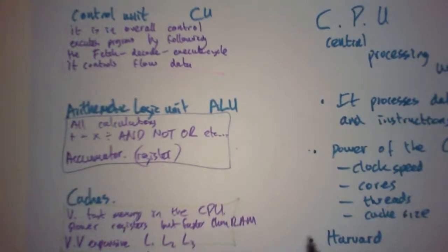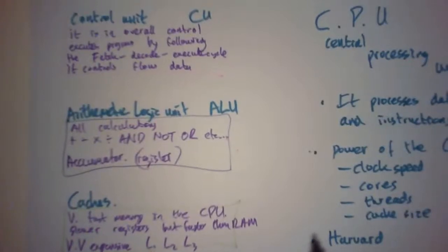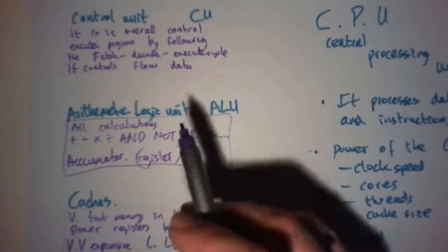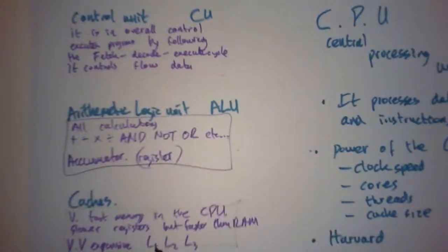The L1 is the best, but the most expensive, and it can hold the least amount. So just think about that. L1 is the most expensive cache, the best cache, but it holds the least amount of information. L3 is the cheapest.